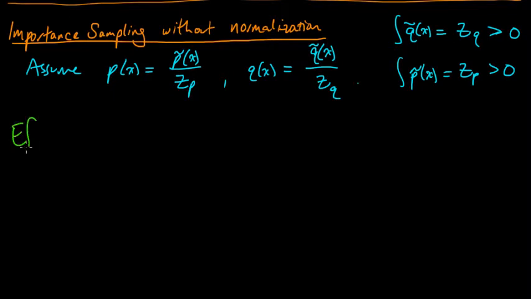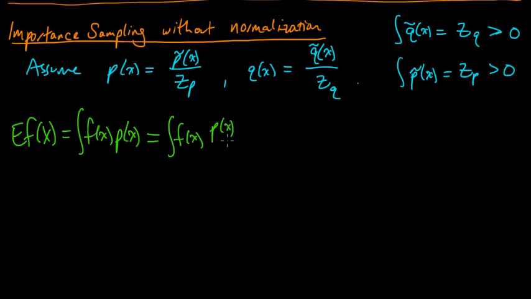So let's see what we can do here. Let's write down what this expectation is, and we'll see what happens if we try to do importance sampling. So this is the integral of f of x p of x, I'll drop the dx for now. Now if we multiply and divide by q of x, what happens? We don't know these, so let's plug in what we do know.